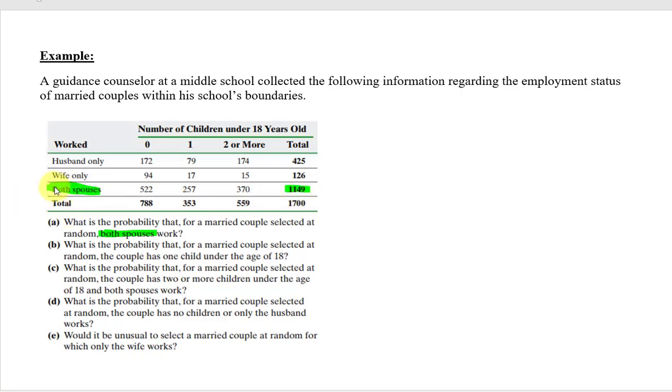So for part A, the probability that both are working is this number, 1,149, out of 1,700 for everything, which is 0.676.